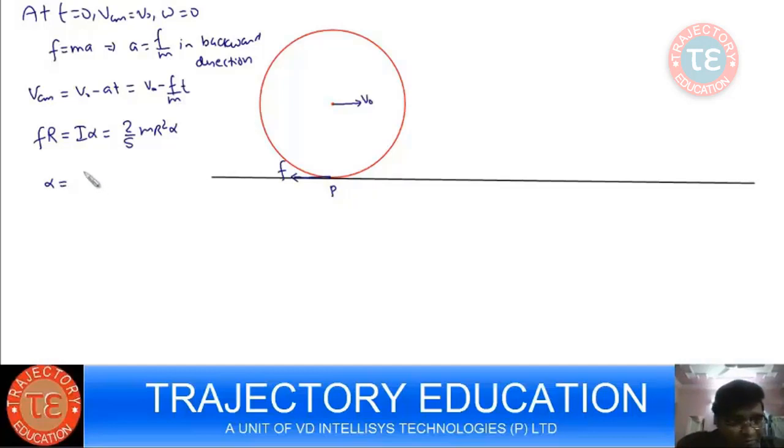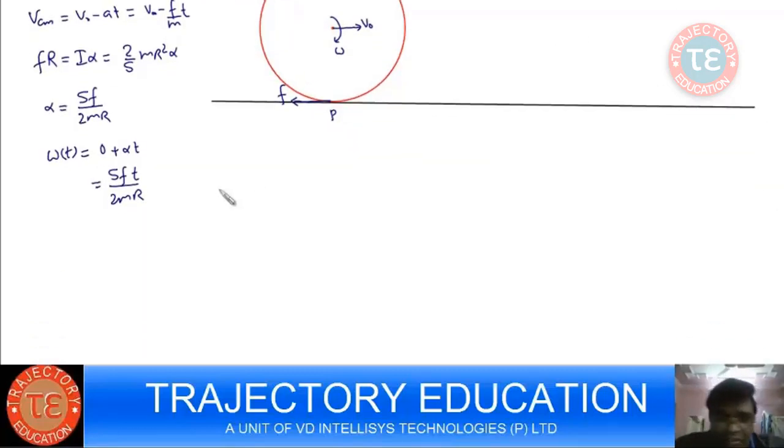So what is alpha? Alpha is 5f by 2mr. And hence, this alpha will lead to omega in this direction. This omega at time t is going to be 0 plus alpha t. Since omega in the beginning is 0, omega r is going to be 5ft by 2m.